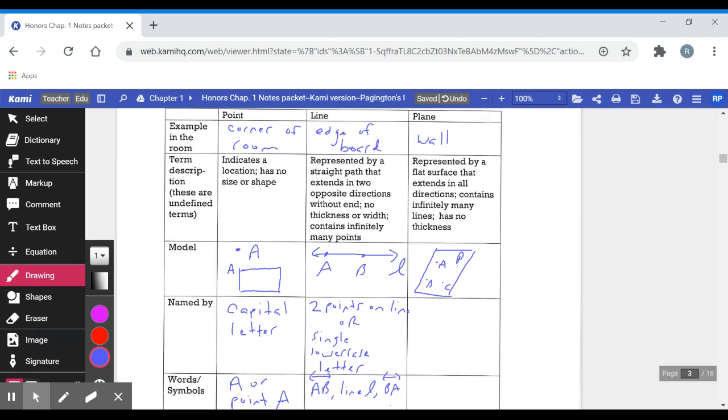That's a lot of what this chapter is kind of getting used to: a lot of words and definitions, and also just how to name things correctly. So I can either name this plane by the capital letter that's in the corner that does not actually have a point by it, or I can name it by 3 points, any 3 points in the plane.